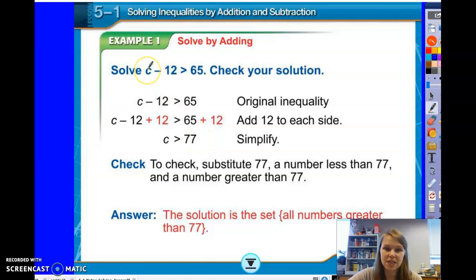If we plug 78 in here, does this value end up being larger than 65? And it does, because this value would end up being 66, right? Okay, so your answer is not just C is greater than 77, but it could be any number that's greater than 77. So we write that here as all numbers greater than 77.